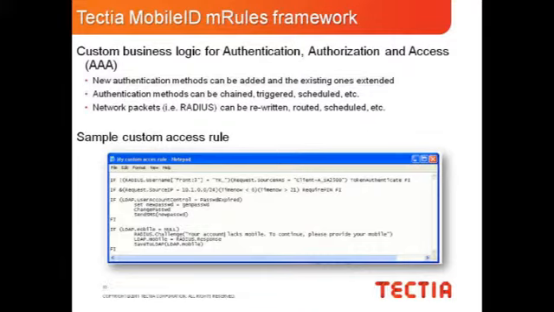It says that if the username starts with TK underscore and the Radius client has a name SA2500, which is the Juniper SA series SSL VPN appliance, we do token authentication.